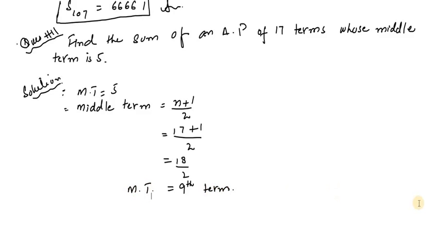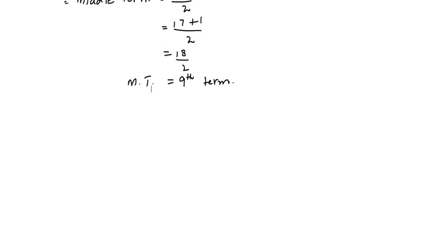We know that the formula of the nth term is given as Tn is equal to a plus n minus 1 of d. Here n is equal to 9. So T9 is equal to a plus 9 minus 1 of d.